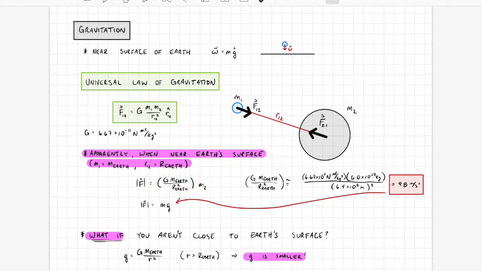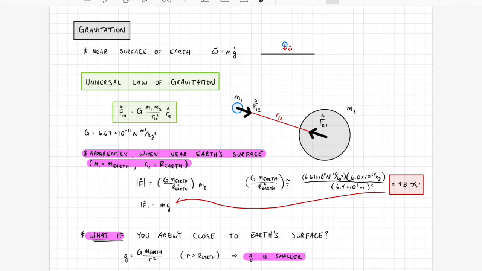And so that tells you that the force due to gravity on any massive object near the surface of the Earth is just mg. This is why we were using mg, which we were calling the weight, in the force chapters, because most all of our problems in that chapter and in most of this course are objects that have mass placed near or on the surface of the Earth, and so that force due to gravity is always just represented as the mass of the object multiplied by little g.